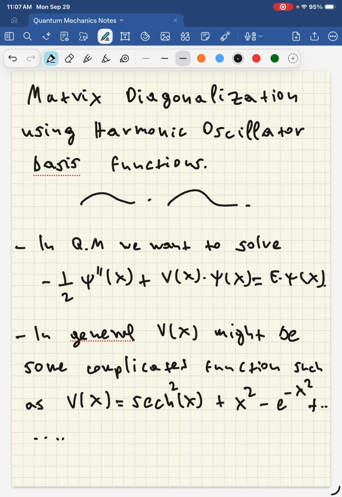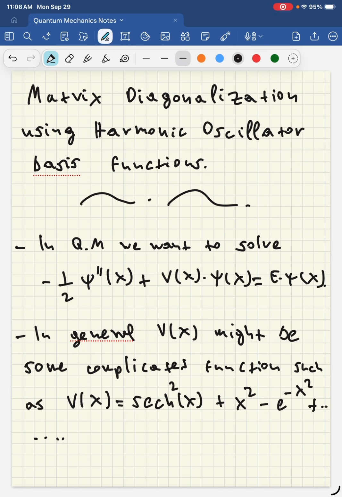Okay, this is a crazy potential. It doesn't happen, but I'm just trying to give you the idea that not all potentials are exactly solvable, and some potentials are so complicated that we need to resort to other methods to solve this differential equation. Okay, I hope this makes sense.